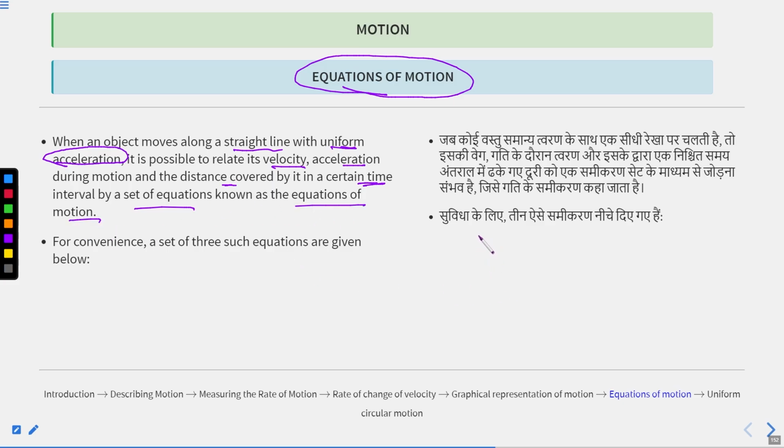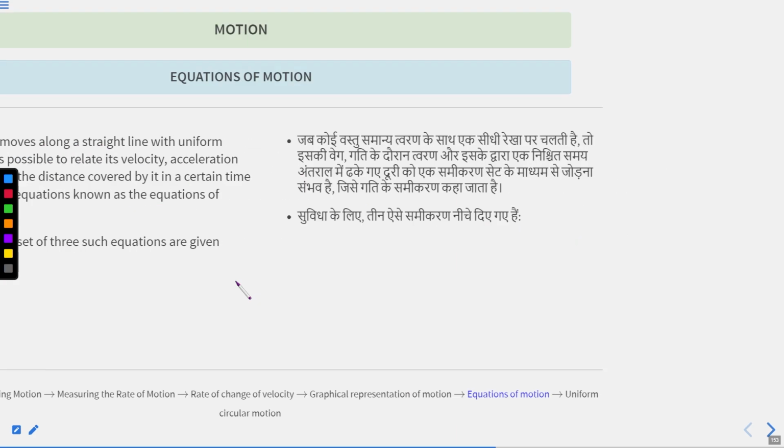It means we have three equations which help us to relate distance, time, initial velocity, final velocity, and acceleration. Which three equations are there?